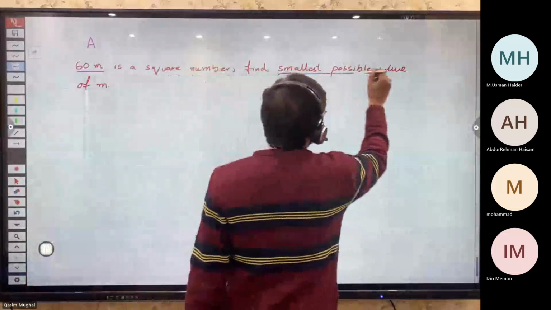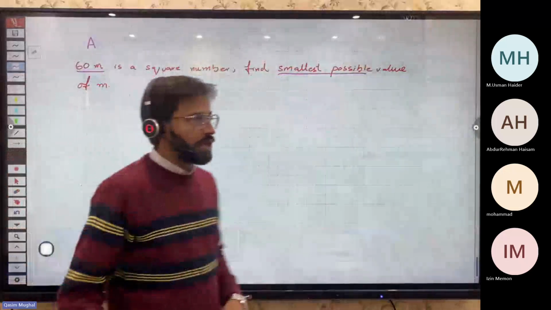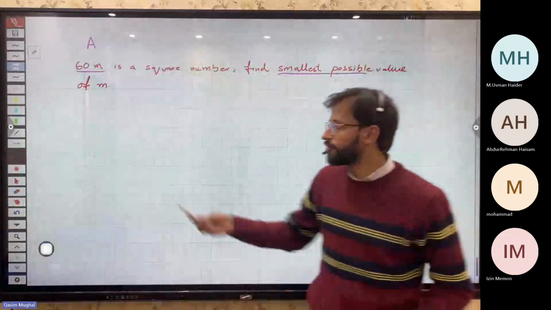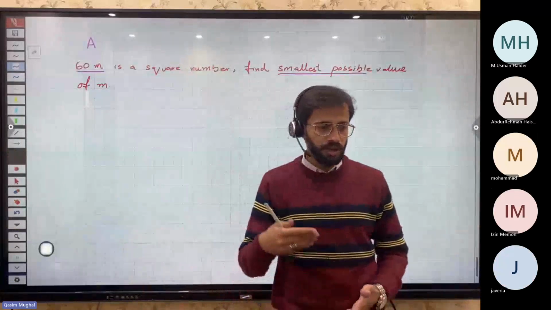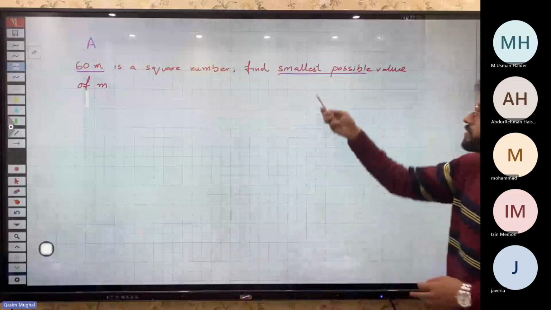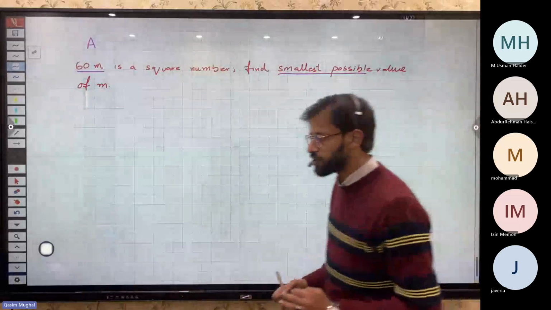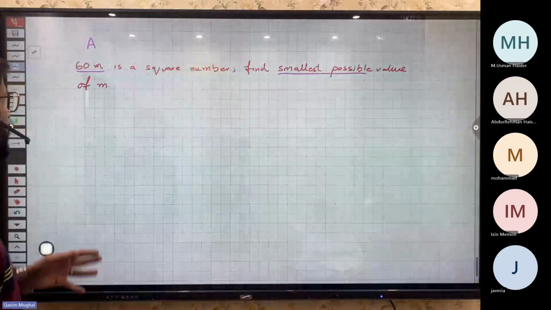First, let's talk about the smallest possible value, which I mentioned yesterday. Maybe some students go about it like m is 60, because 60 times 60 is 60 square, which is definitely a square number. But he has mentioned very clearly that he doesn't want 60. He wants the smallest possible value of m.